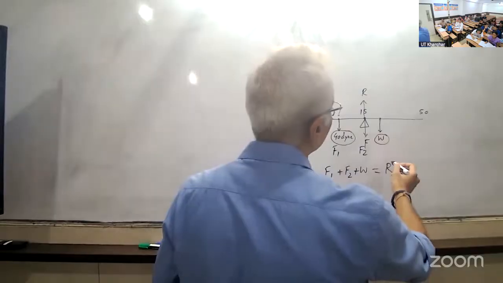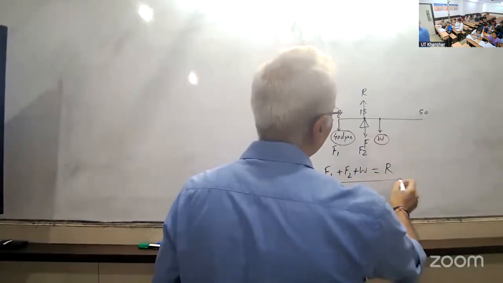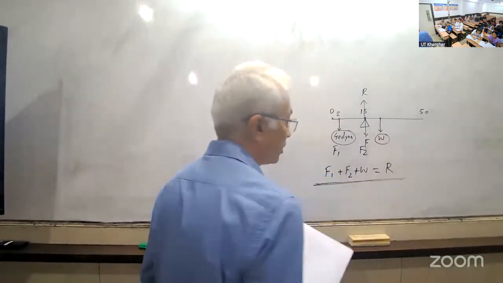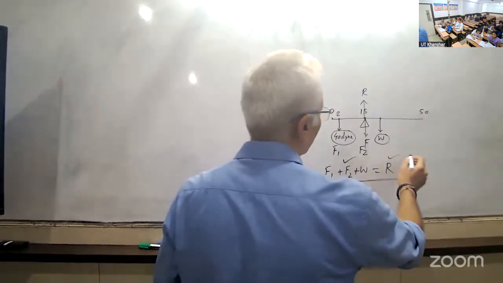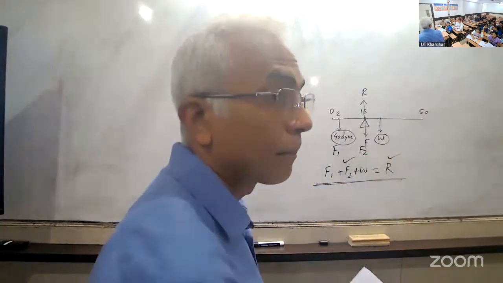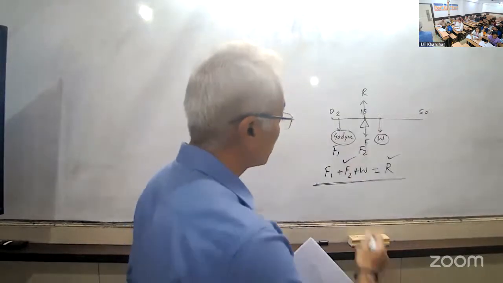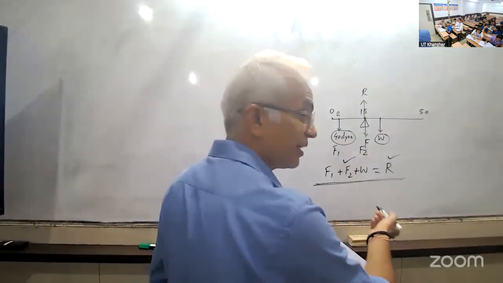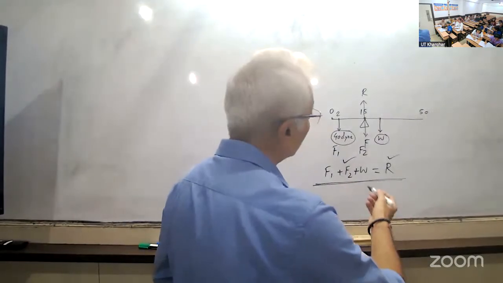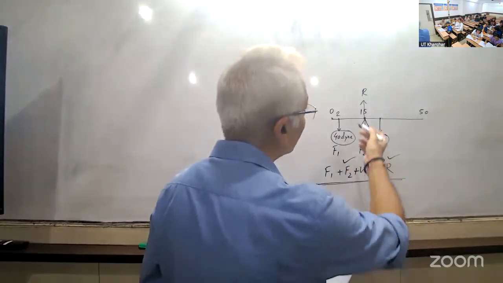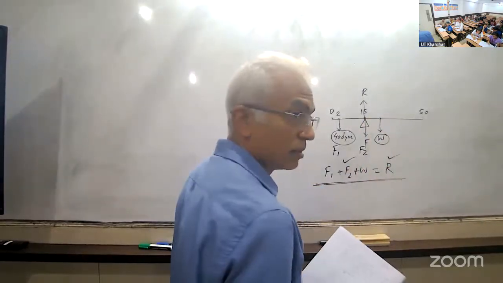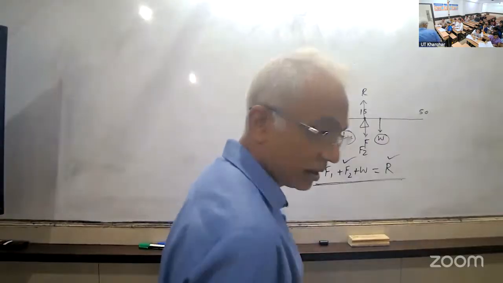Now, we need one more equation to actually get the reaction, because there are two variables, F2 and R. So the only way is one is net force 0, the other is net torque 0. So by forming net torque 0, just see if we can adjust this. I'll try it.